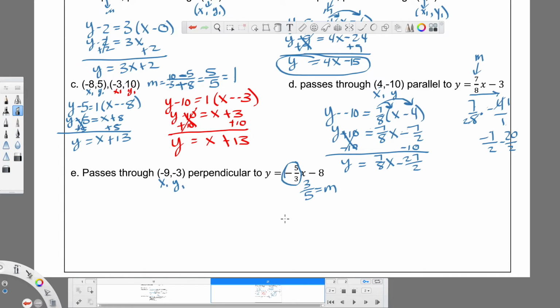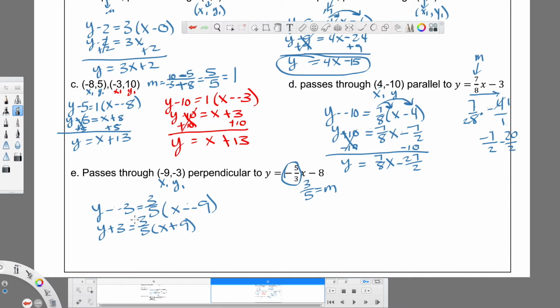All right, so now I have y minus y1 equals my slope, which is 3/5, times x minus x1, which is -9 here. All right, so let's go ahead and work this out. I'm going to deal with these negative signs real quick. 2 negatives, so they turn into positives.